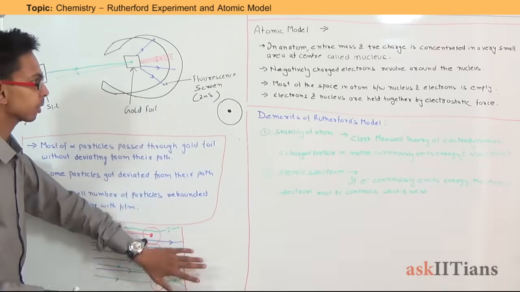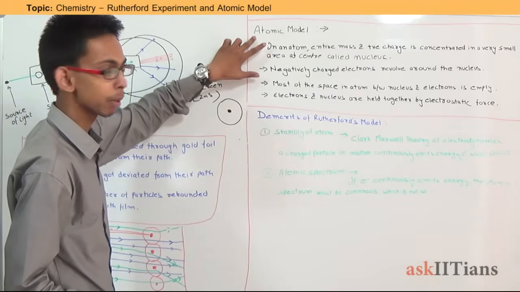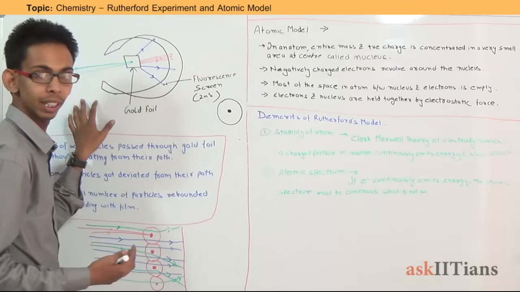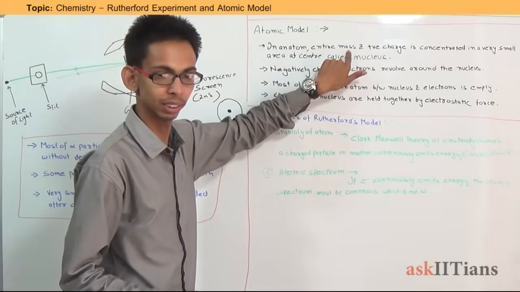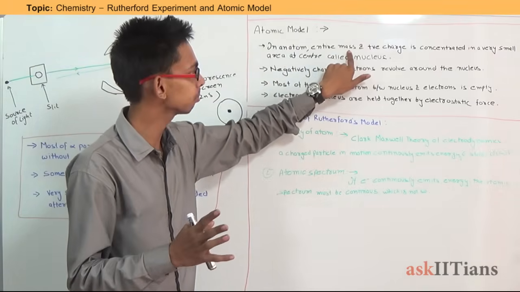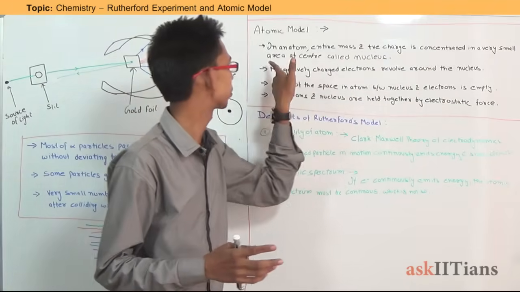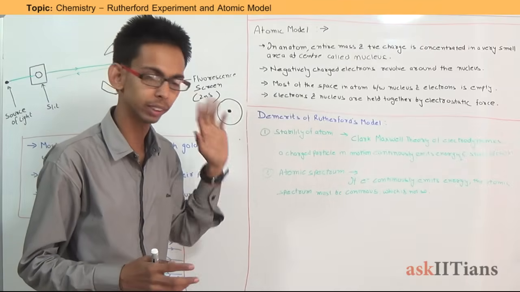So this was the justification of the experiment. Now, what was the model proposed by Rutherford on the basis of this experiment? That in an atom, the entire mass and the positive charge are concentrated in a very small area at the center of the atom known as the nucleus.